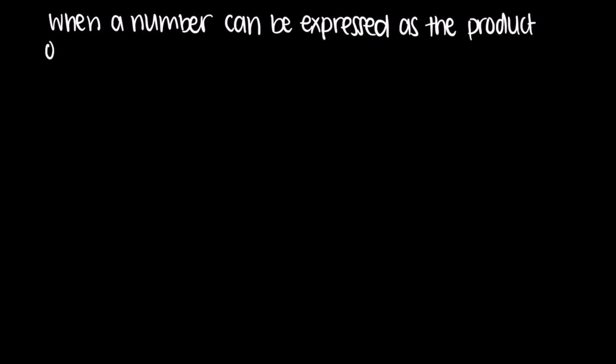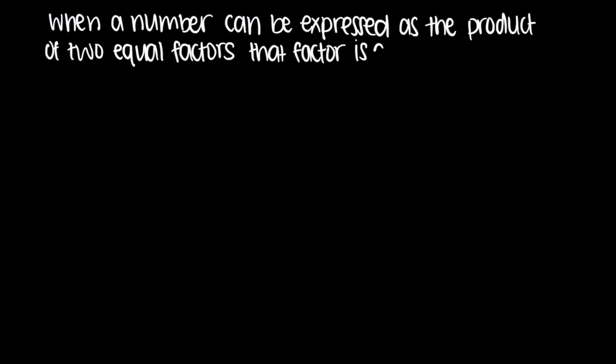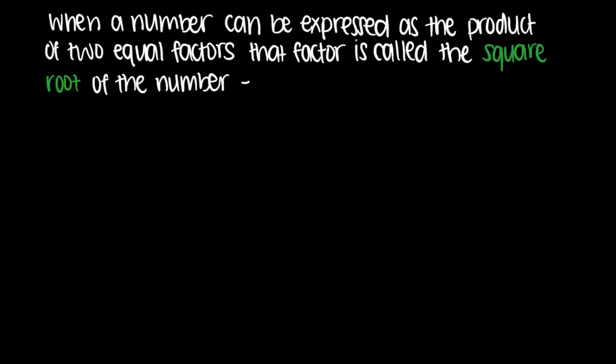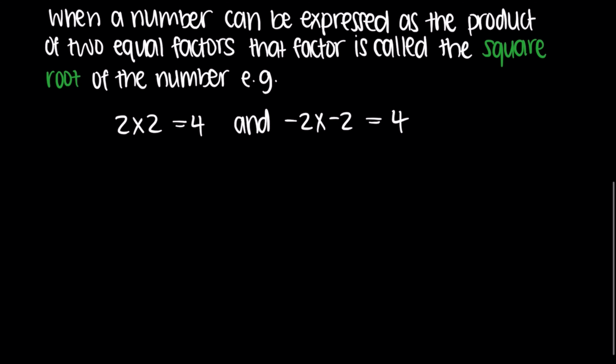When a number can be expressed as a product of two equal factors, that factor is called the square root of the number. For example, we've established that 2 multiplied by 2, or 2 squared, is 4. Same for the product of negative 2 and negative 2, or negative 2 squared.